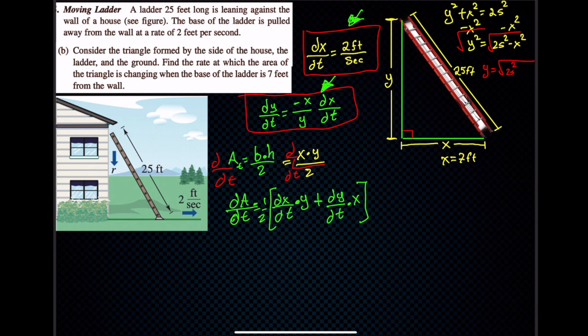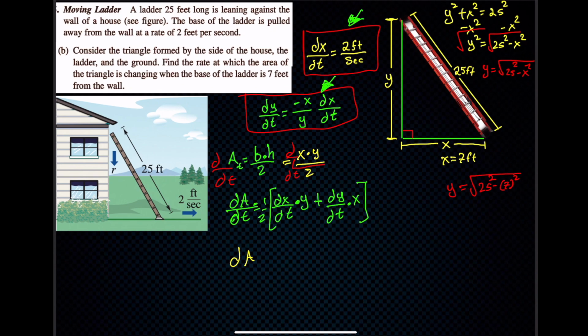Oops, let me erase that. And we know that that's simply y equal to the square root of 25 squared minus 7 squared. Now that we know what the y value is, we already know x, and we're ready to simply plug in.